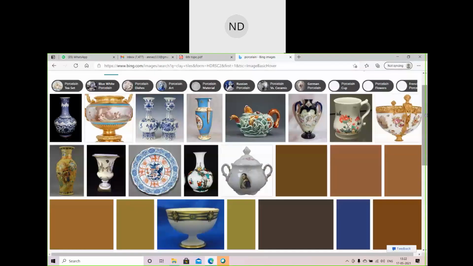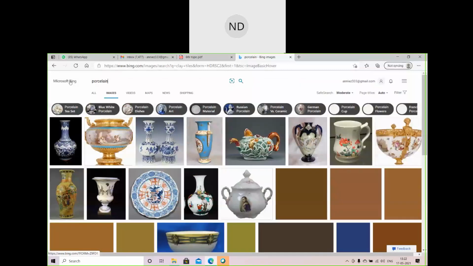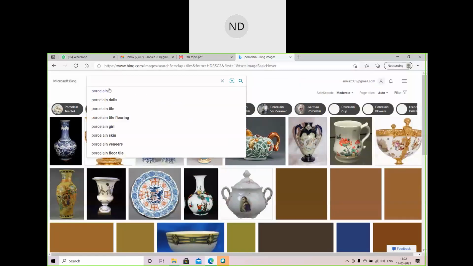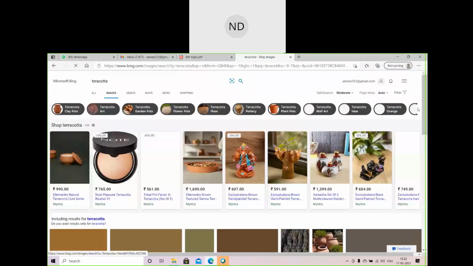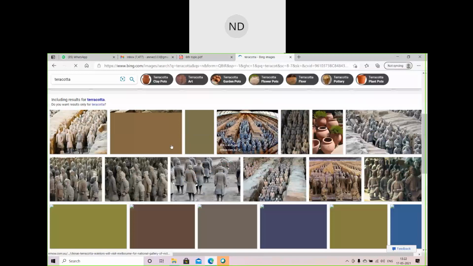If I show you, see, terracotta. These forms of clay are known as terracotta. Terracotta means actually the clay form.